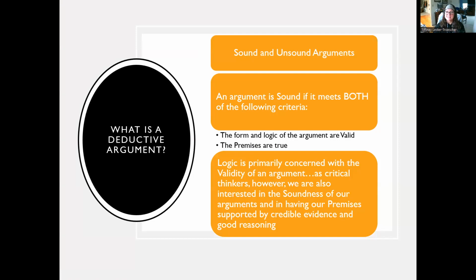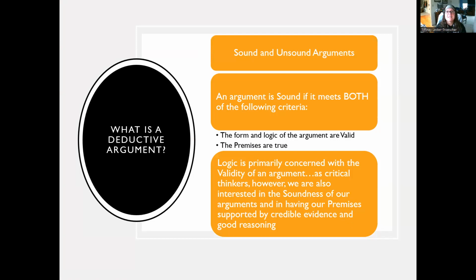Then we check to see if the premises are true, right? So it's basically like saying, we want to make sure that this is a logical argument first before we waste any more time deciding if the premises are true, because maybe that's going to take some research.